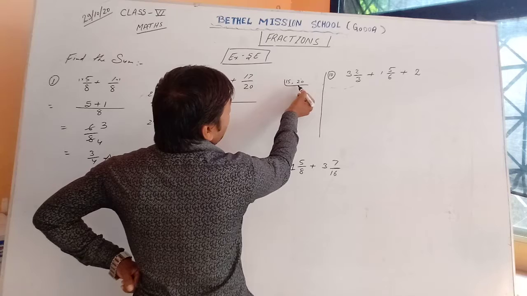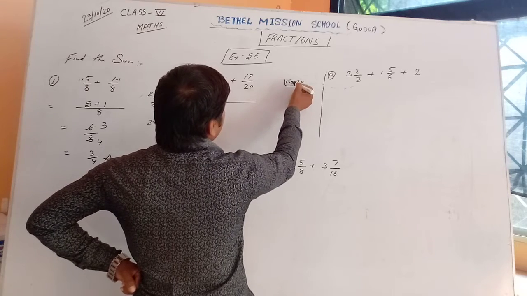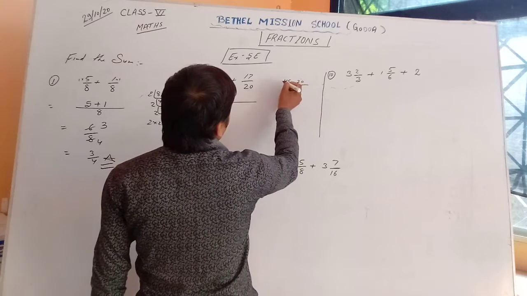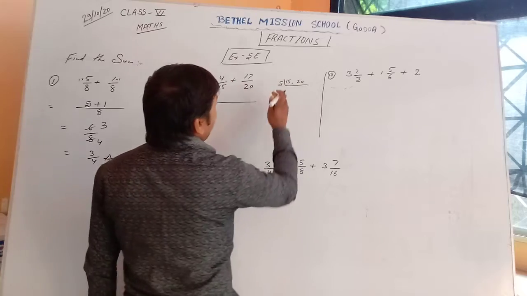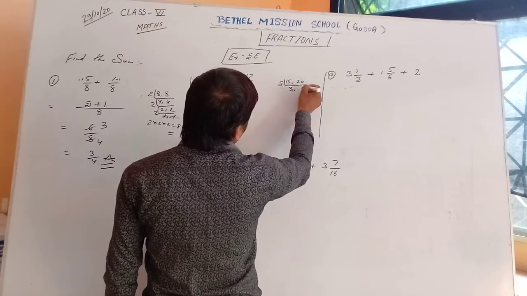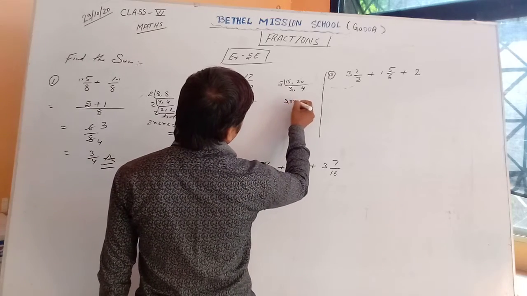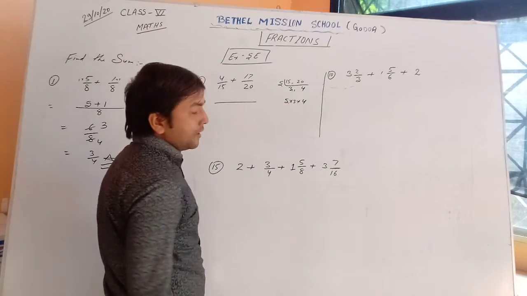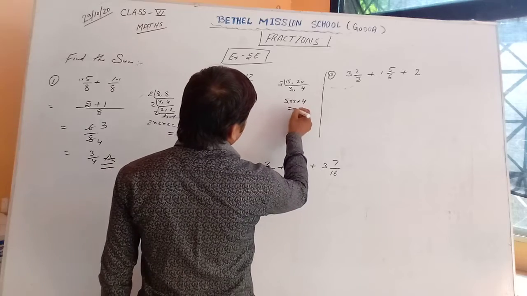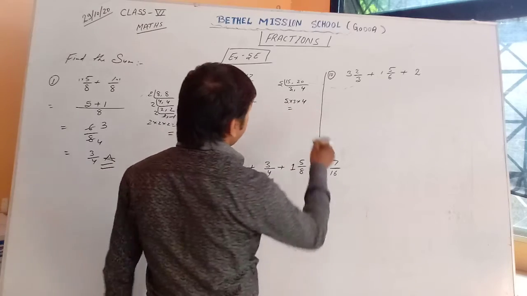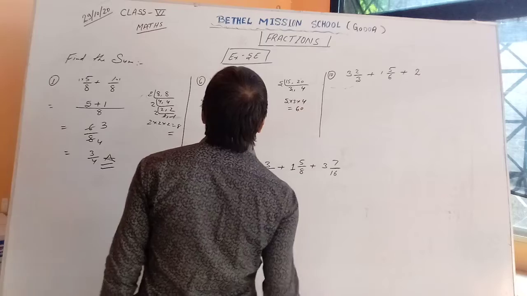By 3 also we can't divide 20, and by 5 we can: 5 threes are 15 and 5 fours are 20. Now the LCM is 5 into 3 into 4, 5 threes are 15, and into 4 is 60.